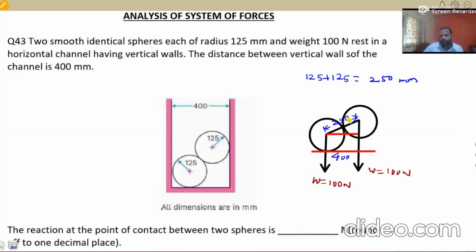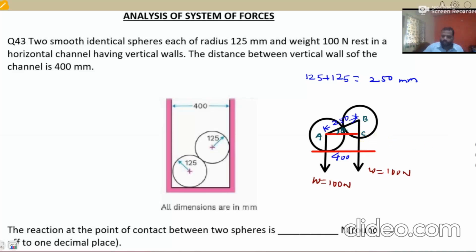Now I have to find out the theta angle. First I will give the names. Here it is A, here it is B, and here it is C. Then triangle ABC is formed.